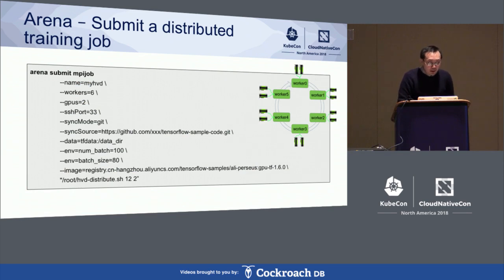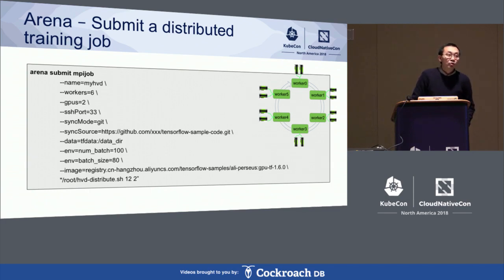Okay, I will quickly go through what Arena looks like. You can see that it's just a simple command to submit either a single machine training or a distributed training job. First, you specify the job type.